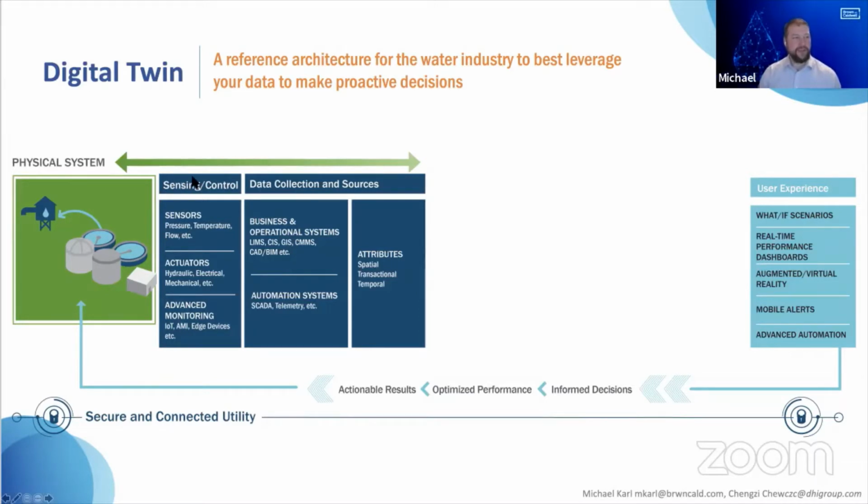And these are really progressing and working with these traditional data and business sources where data is collected and propagated. So you'll see laboratory information management systems, computerized maintenance management systems, computer aided drafting and BIM infrastructure, as well as automation systems referred to as SCADA or telemetry, etc.